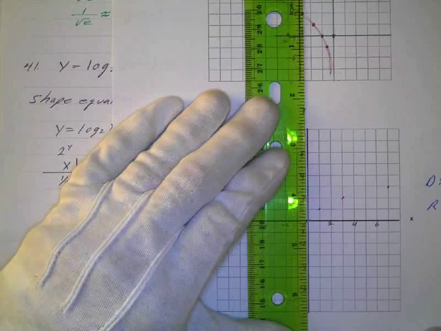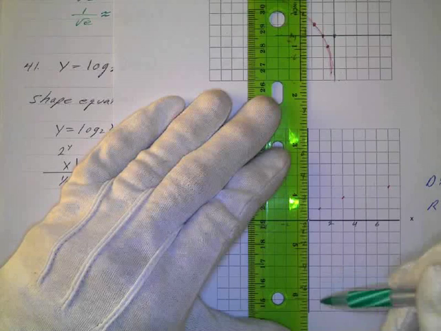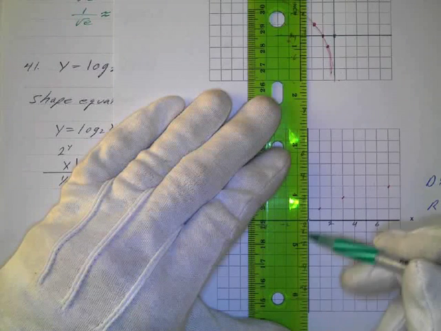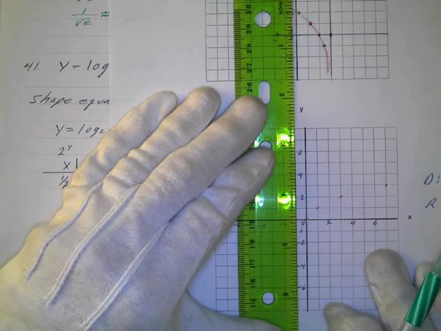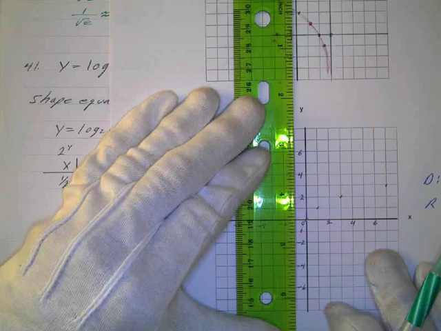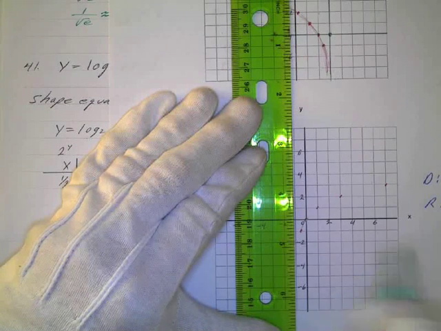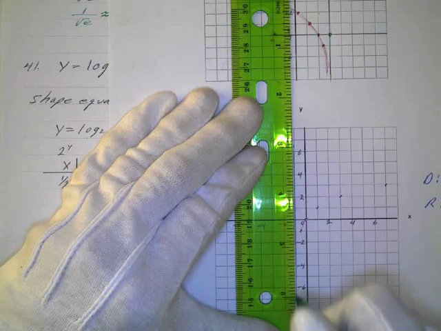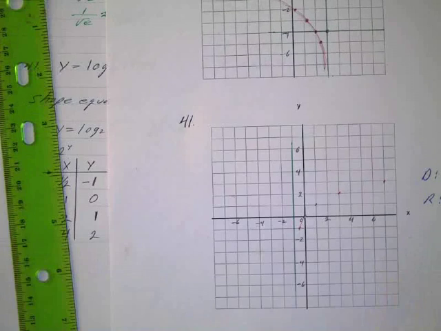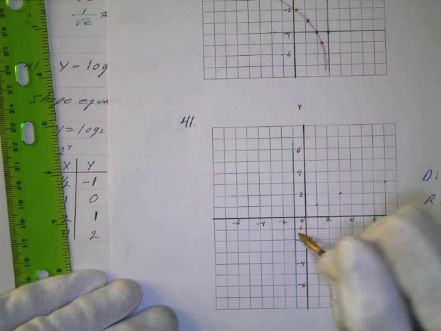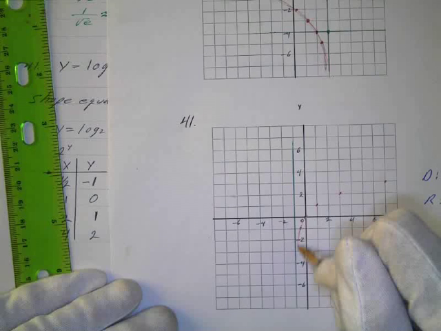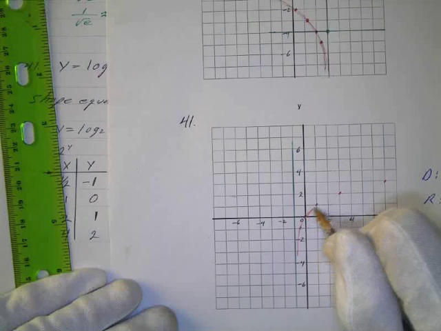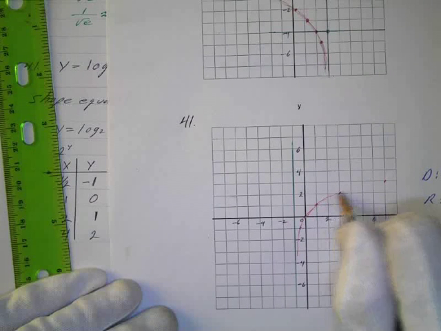Any logarithmic function is asymptotic in its native form to the y-axis. Now this is going to be shifted over, so this would be my asymptote here. It's going to approach that, but not equal it. So we get down here closer and closer to that. And then we connect all these points.